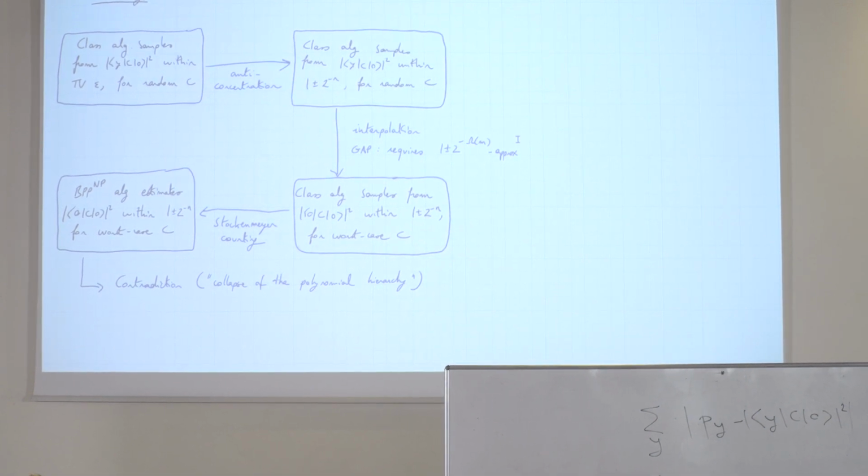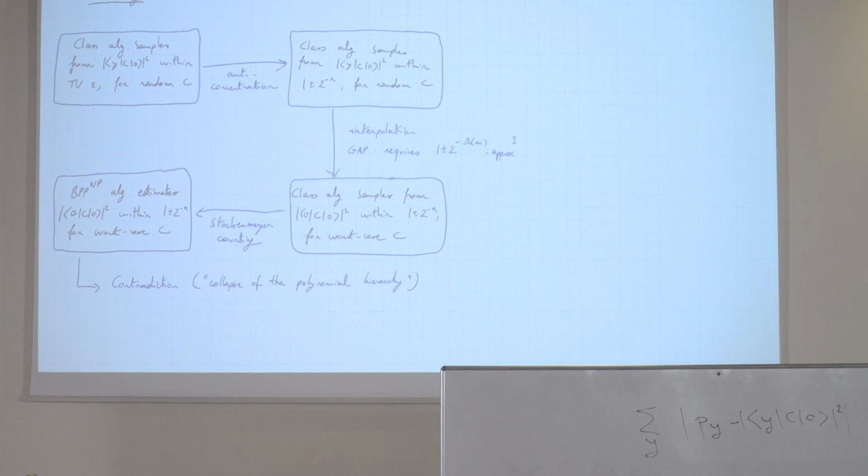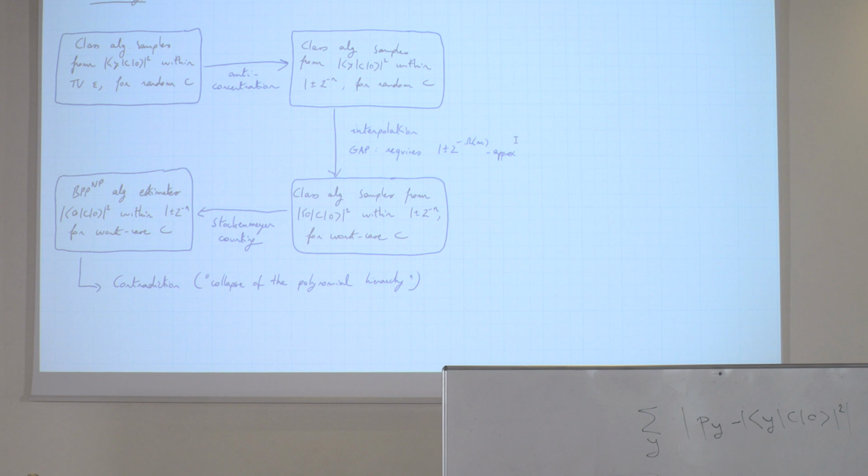So we're trying to argue that the first blue box at the top left is impossible. We're trying to argue that there is no classical algorithm that samples from the correct output distribution even within error epsilon in statistical or total variation distance, and we're trying to show this for a circuit C that's randomly chosen. The first step is to reduce that task to a task that looks harder, but we argue that it's no harder.